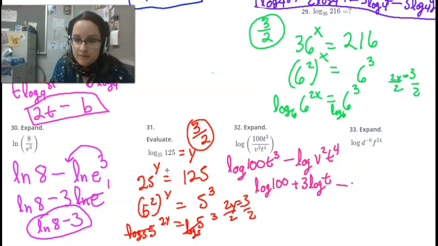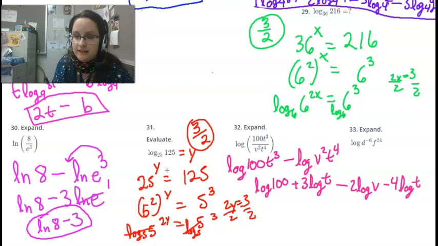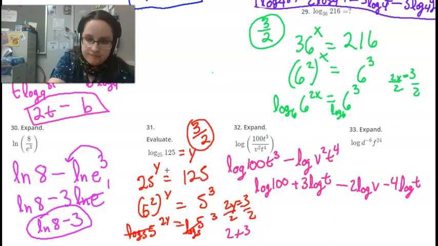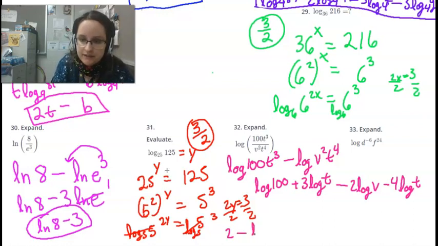And then we have minus 2 log of v minus 4 log of t. Log of 100 is the same thing as 2. So our expanded expression would be 2 plus 3 log t minus 2 log v minus 4 log t. And also we would combine these two terms. So we have 2 minus log of t minus 2 log of v.